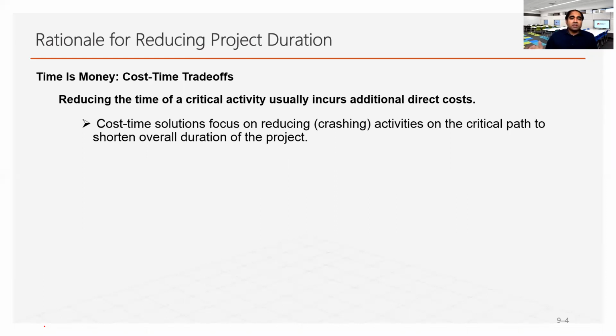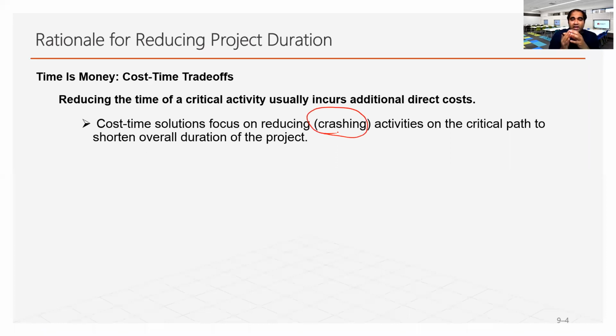And reducing the project duration, there's only one way. We have the duration of each activity within the critical chain and other chains of the project network diagram. We can reduce the duration of each activity. The term we use here is known as crashing.